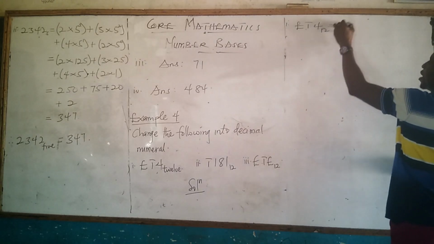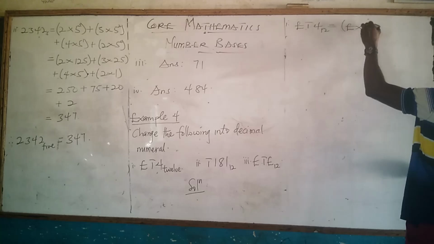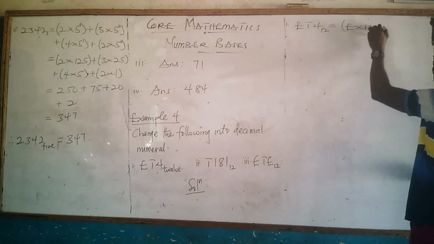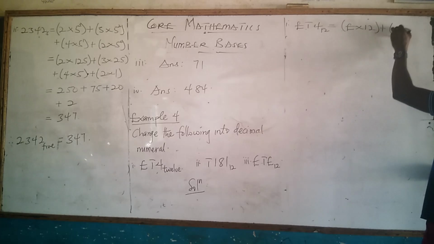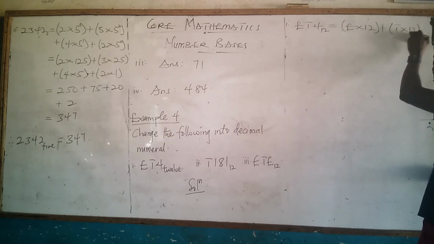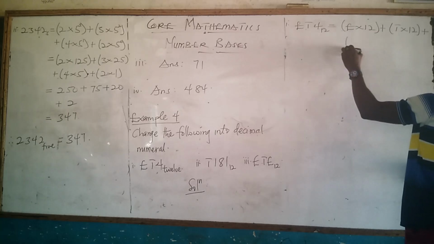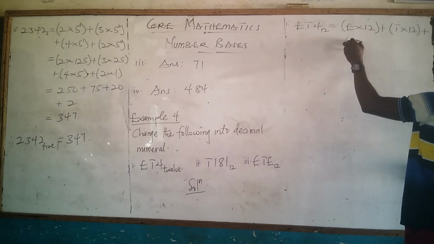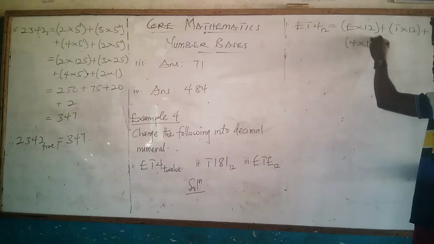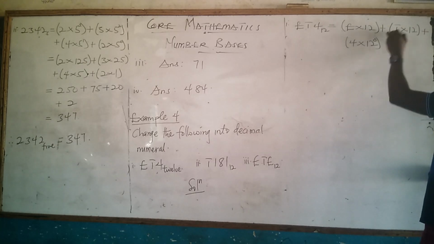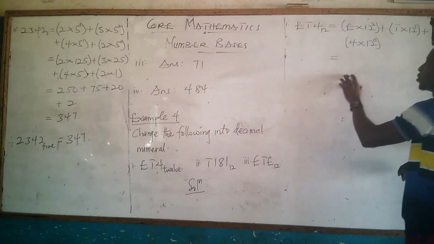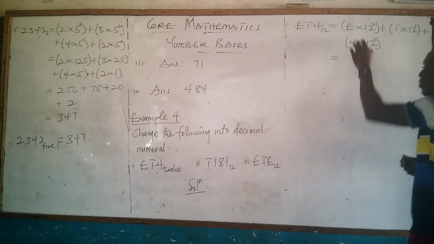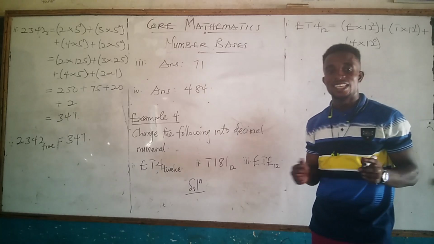So this one too, I'll write E times 12 plus T times 12 plus, then the last one is 4 times 12. So here is 0, 1, and 2. Then this one will get me what? The E stands for something I think you know. E stands for what?